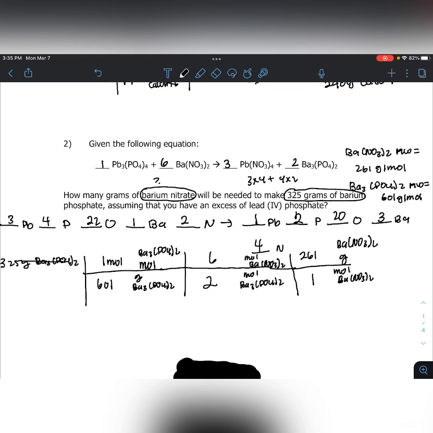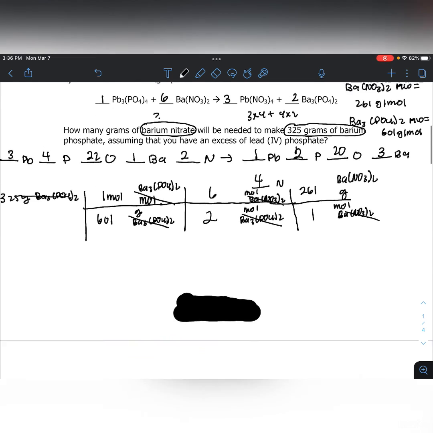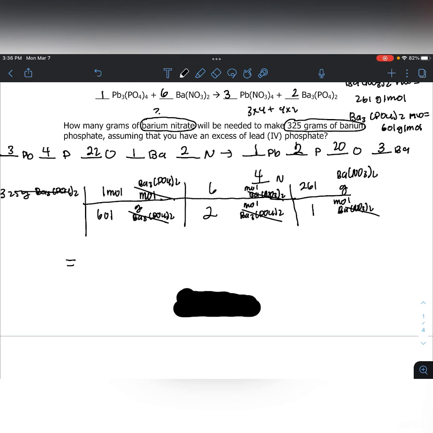So if we go ahead and cancel the units out, we should end up with grams of barium nitrate. And then this comes out to be 423 grams of barium nitrate.